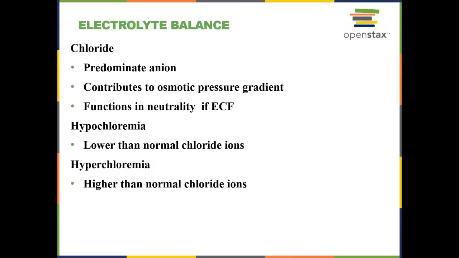So hypochloremia is lower than normal chloride ions, and hyperchloremia would be higher than normal chloride ions. These are regulated with sodium. So if we're increasing sodium, we're increasing chlorine as well. Treatment would just be to, if you need more chloride in your system, then you would likely have more sodium needs as well, and they would increase the amount of salt in your diet.